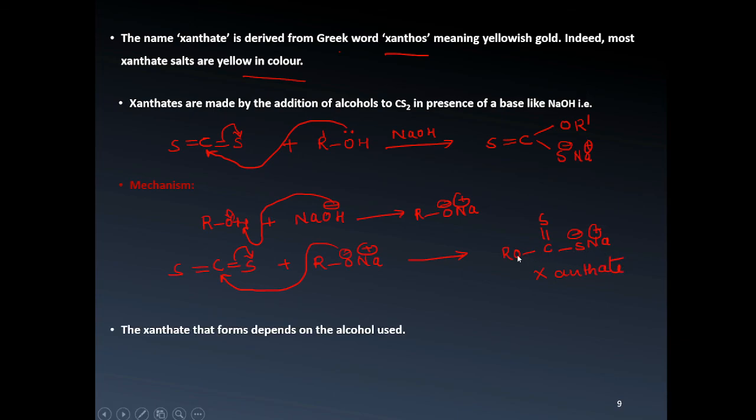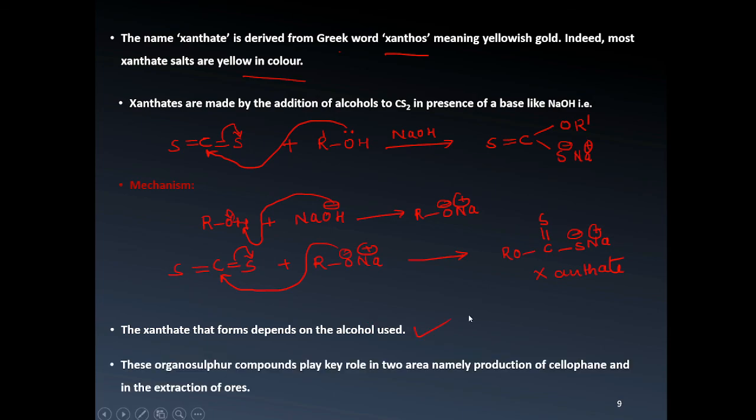And this xanthate form depends on the alcohol used. These organosulfur compounds play a key role in two areas, namely production of sulfones and in the extraction of ores.